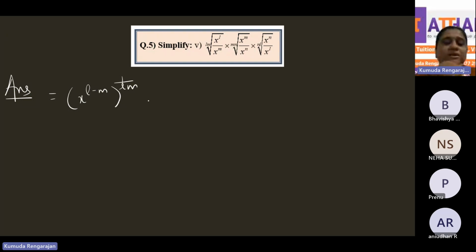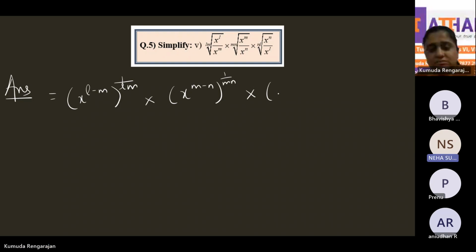Very good. Prenu, continue. X to the power m minus n, to the whole power 1 by mn, into, and Neha? X to the power n minus l, whole bracket, into 1 by nl. Very good.